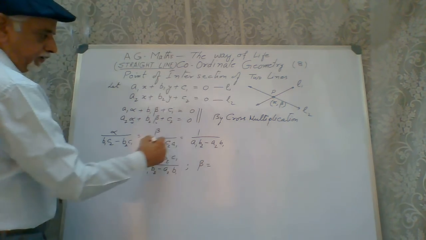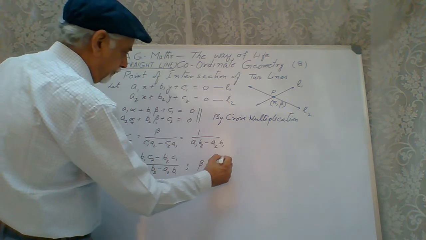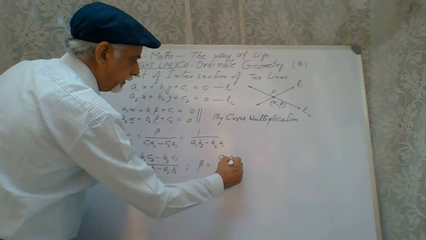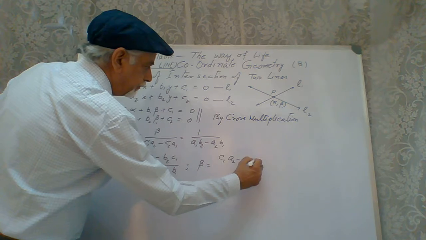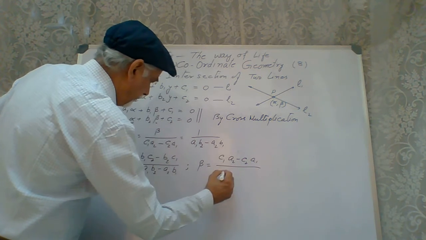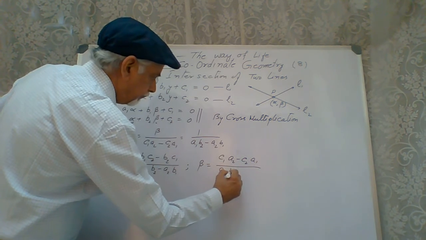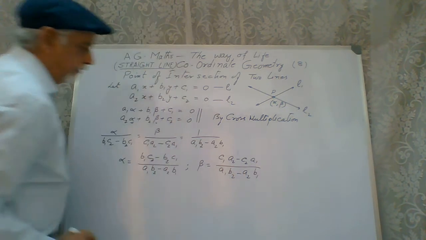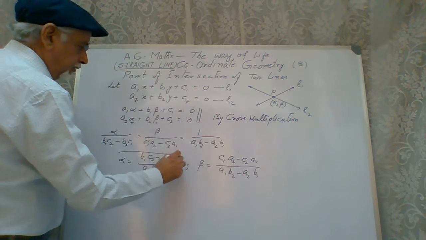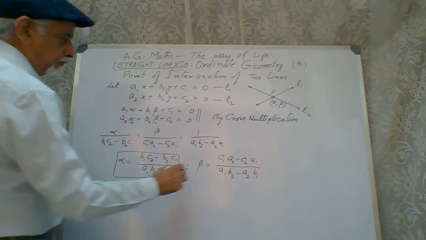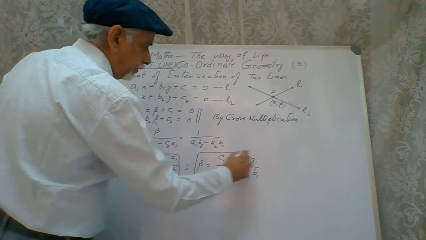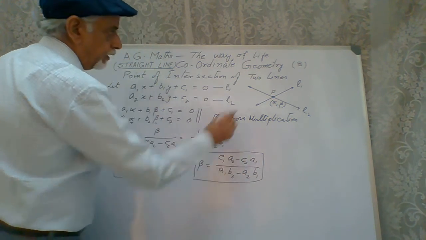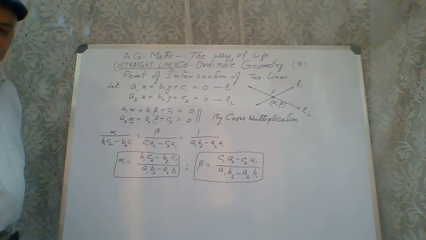Again we compare these two ratios, so we get the value as c1 a2 minus c2 a1 over a1 b2 minus a2 b1. So these are the values for the point of intersection of these two lines, alpha beta.